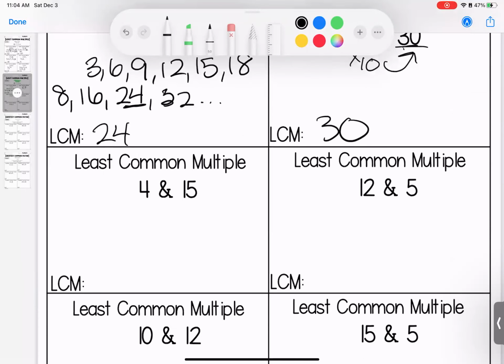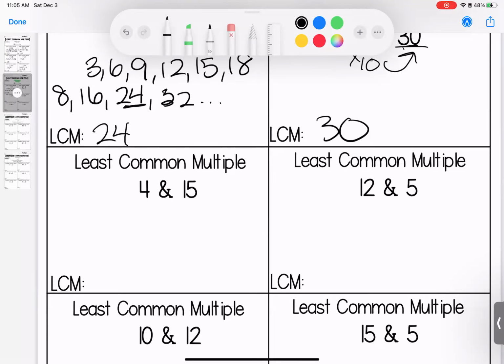The next two are a little bit trickier because we have to get a little bit bigger, okay? So if I'm doing my 4s and I want to skip count by 4, I want to get as big as I can, see how far I can go before I notice a common one that I know 15 would go into, or until I have exhausted what I know.